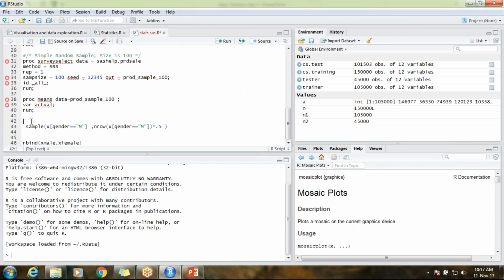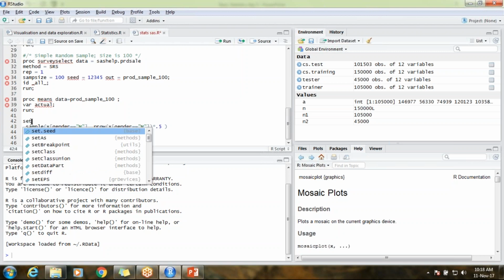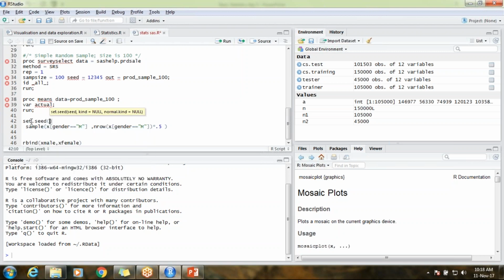Even in R I can use set dot seed with some random number, 1 2 3. The number here doesn't signify anything. It actually means what would be my sampling pattern. It is a good practice to have a set seed number provided before you make a sampling.